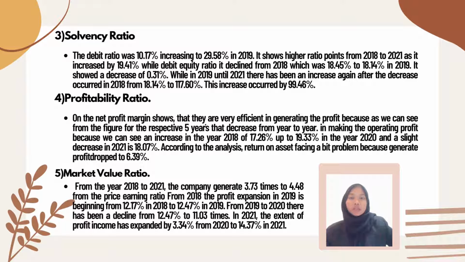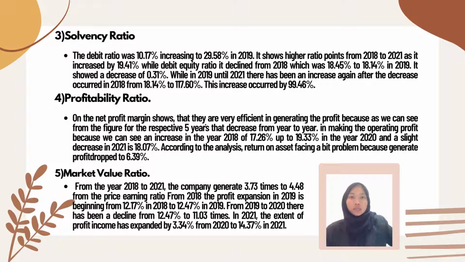Last, I will explain the market value ratio. From 2018 to 2021, the company generated 3.73 times to 4.48 times from the price-earning ratio. The profit expanded in 2019, from 12.70% in 2018 to 12.47% in 2019.